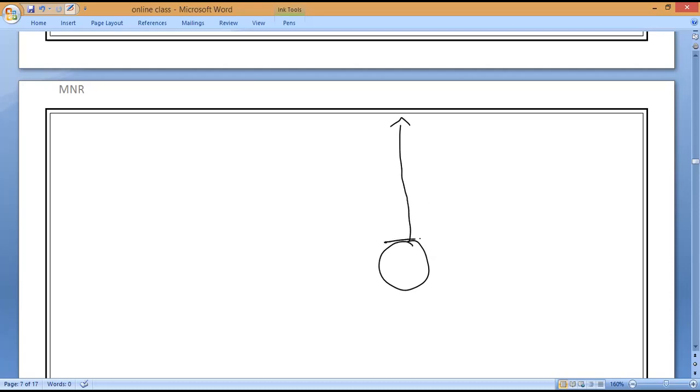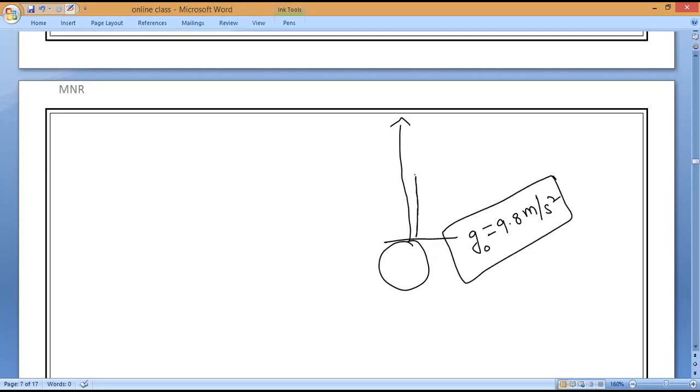Now you tell me, at the surface, what is the g value? 9.8 meter per second square. Now, when you keep on going up, does your g value decrease or increase? That is my question. Anybody?